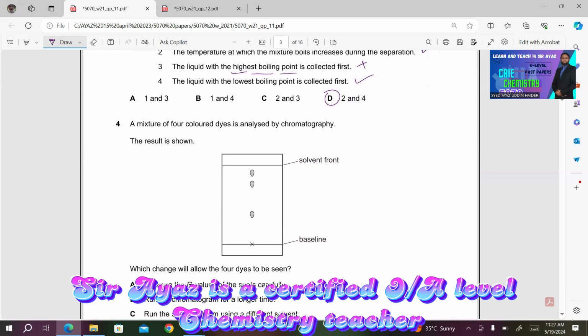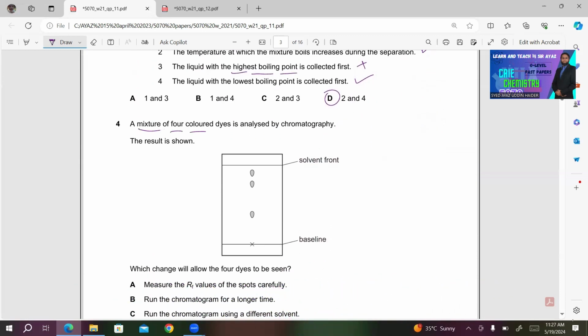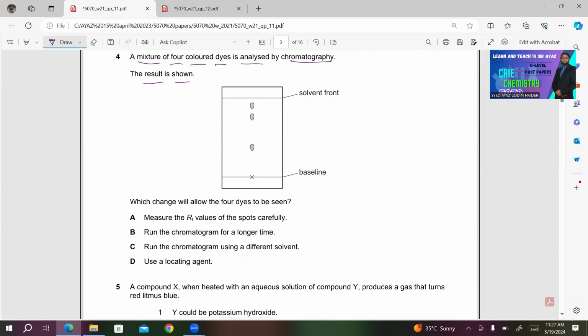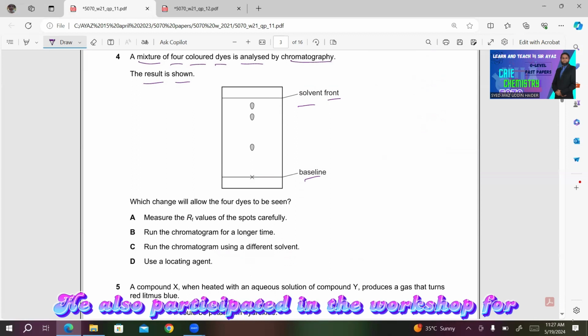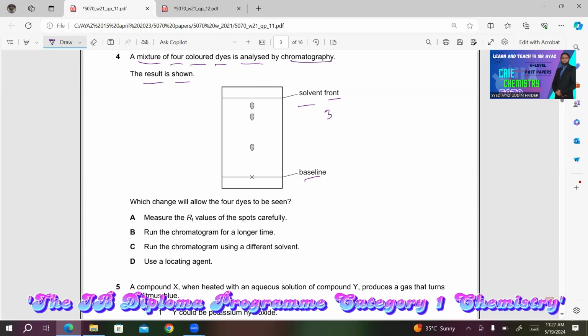Number 4, a mixture of 4 colored dyes is analyzed by chromatography. The result is shown. Here you have chromatography paper. There is a baseline, and on top you have the solvent front. This dye is separated, but you can see we are getting only 3 dyes instead of 4.